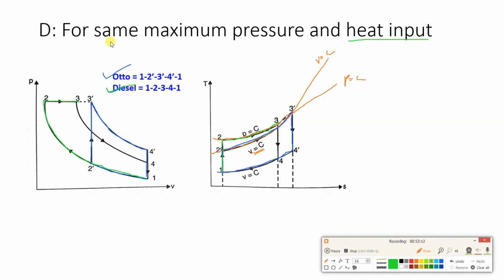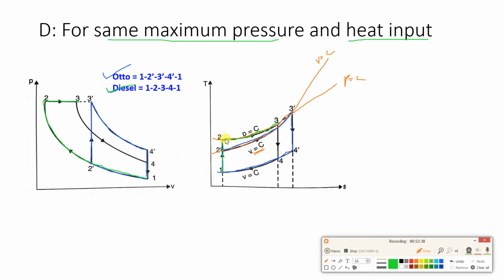We have already fulfilled one condition, same maximum pressure. So pressure we have maintained same. Now we are trying to fulfill the second condition, same heat input. So if you take this point 3 over here, you can see that area under this 2 to 3 dash, it will be more as compared to area under 2 dash 3 dash. So that is why we stop before 3 dash 4 dash vertical line.